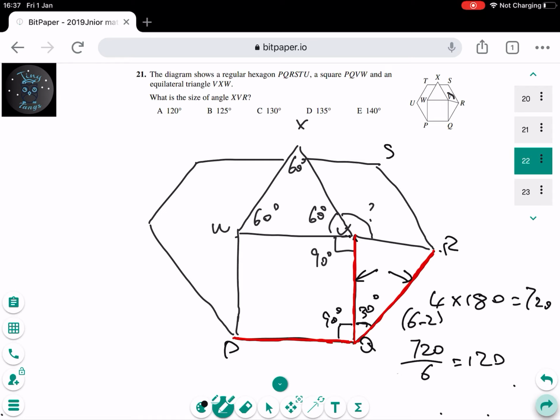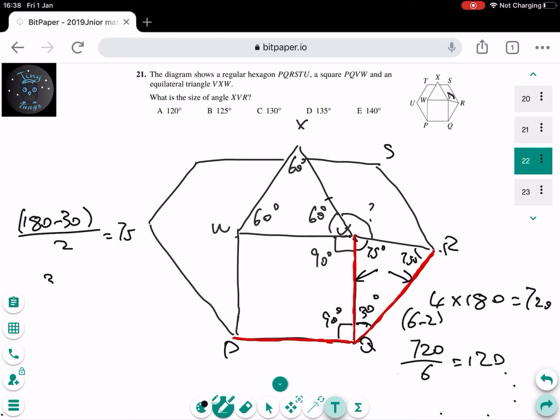And because the internal angles of a triangle add up to 180, 180 minus 30 degrees divided by 2 equals 75. So each of these angles is 75. And now we know that all these angles added up equal 360.